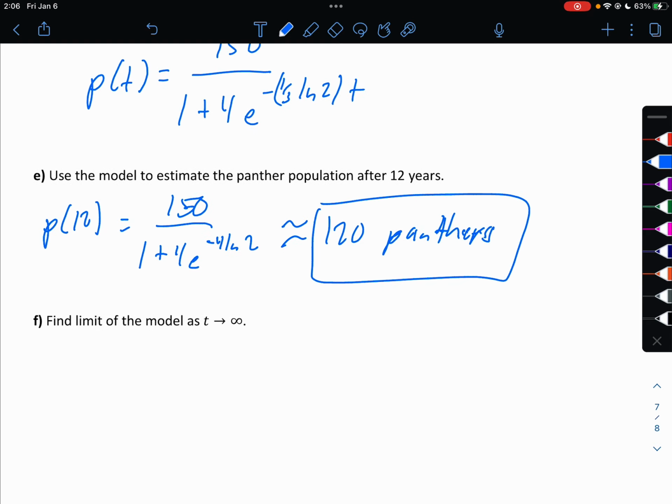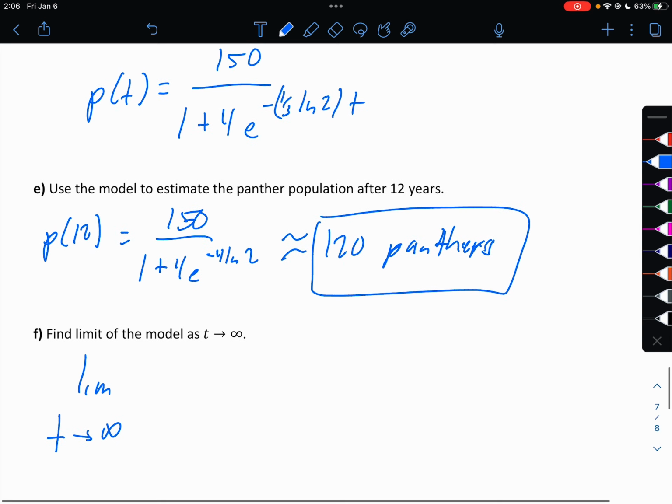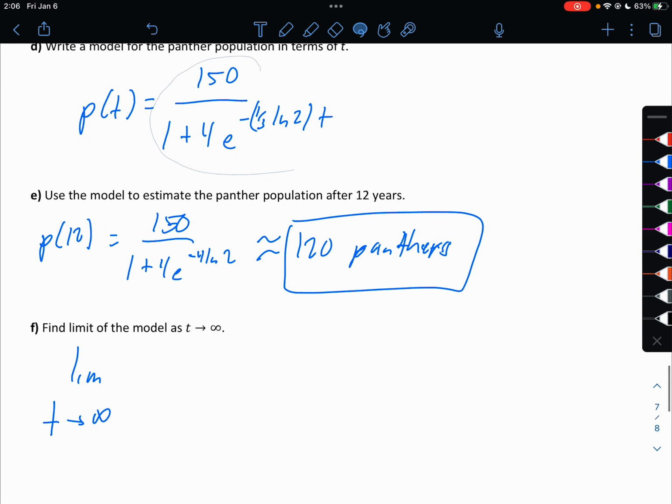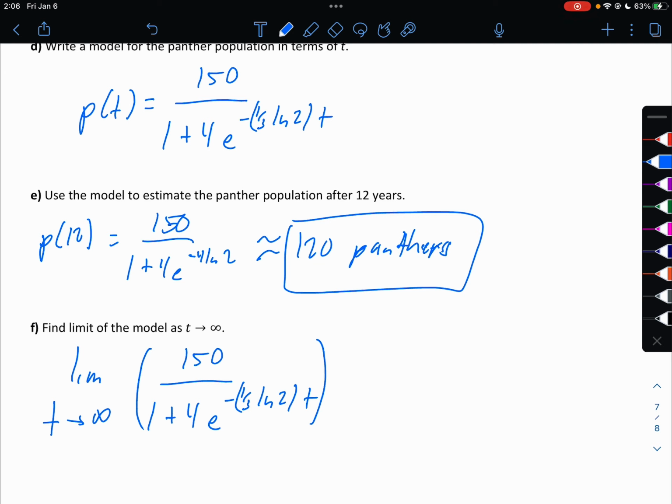And finally here, the limit of the model as t approaches infinity. So the limit as t approaches infinity of our model here. If we put infinity in there, we get 150 over 1 plus 4 e to the negative infinity.